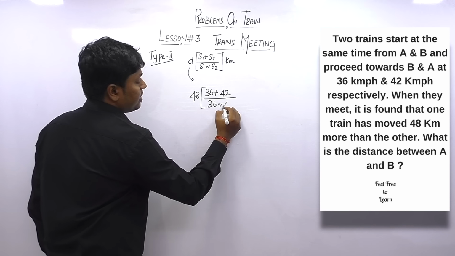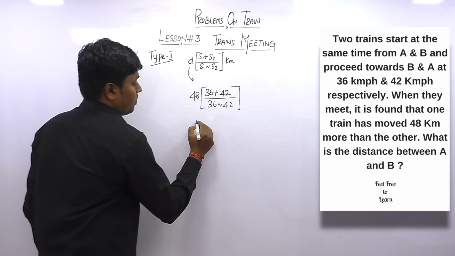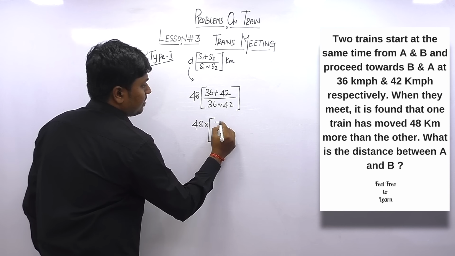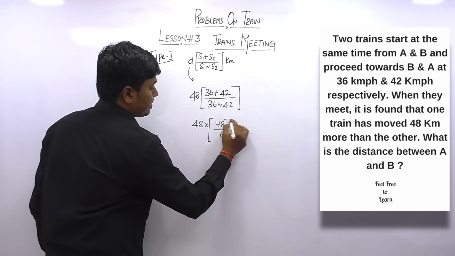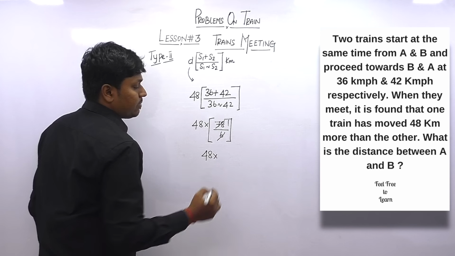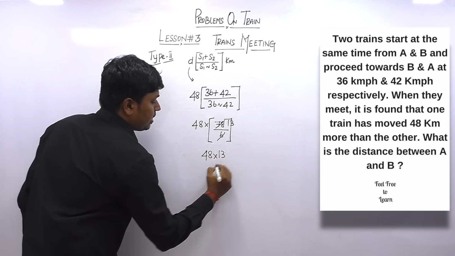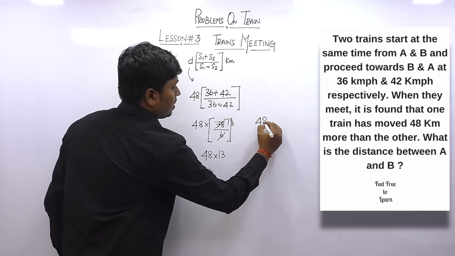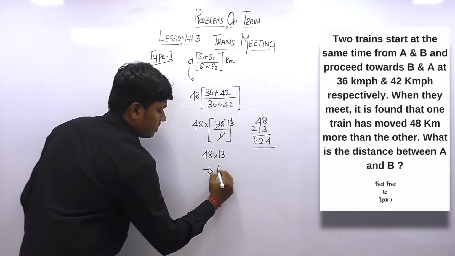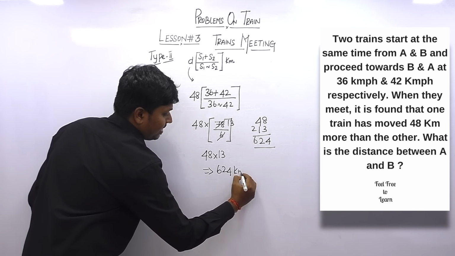So 36 plus 42, I think you can add, this will be 78 divided by 6. So 48 into 13, 24 2, so 624.